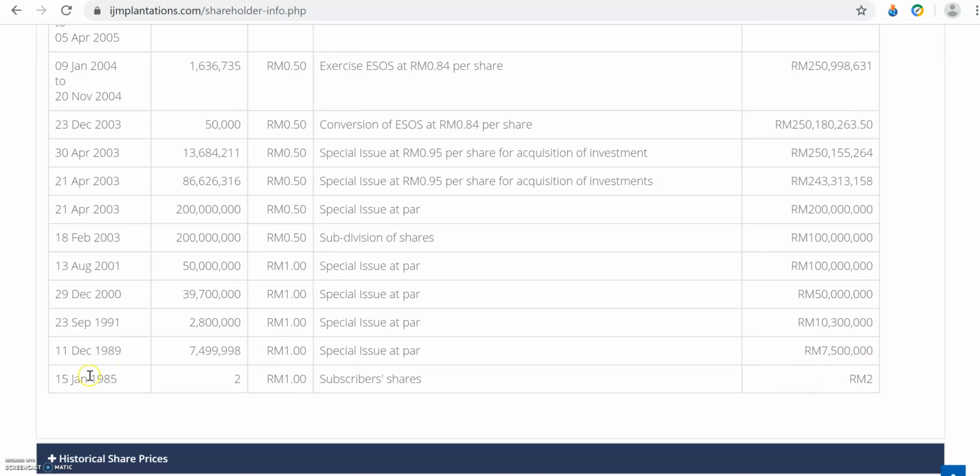You might have heard the words "$2 company". This is how a $2 company looks like: a company started off with 2 units of shares, to which the capital is just 2 ringgit. Eventually it grows from 2 ringgit.